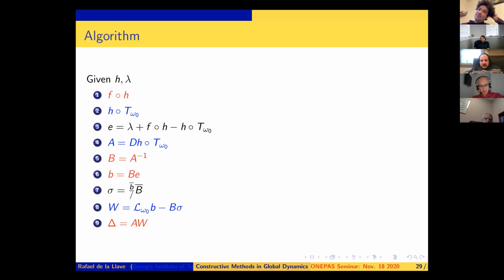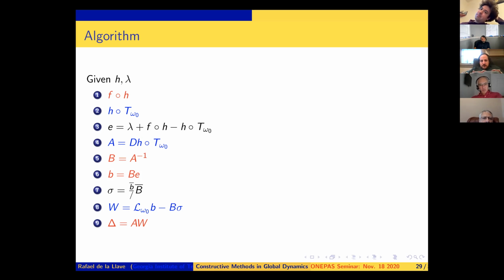The reason is that the steps that are color-coded in red are very fast if you have H discretized in a grid, and the things that are color-coded in blue are fast if you have things discretized in Fourier series. The ones that are in black are fast any way that you like to do them.